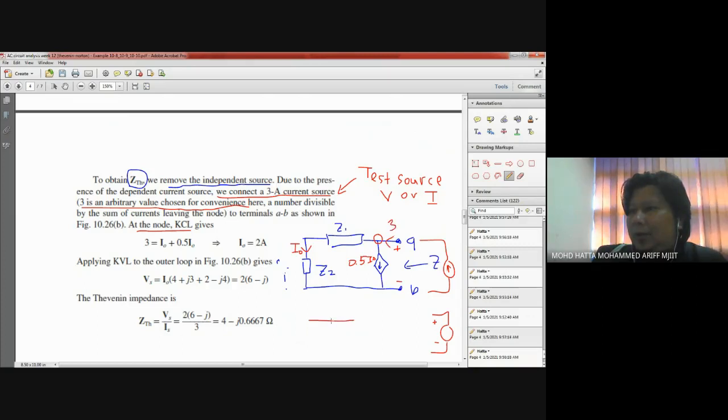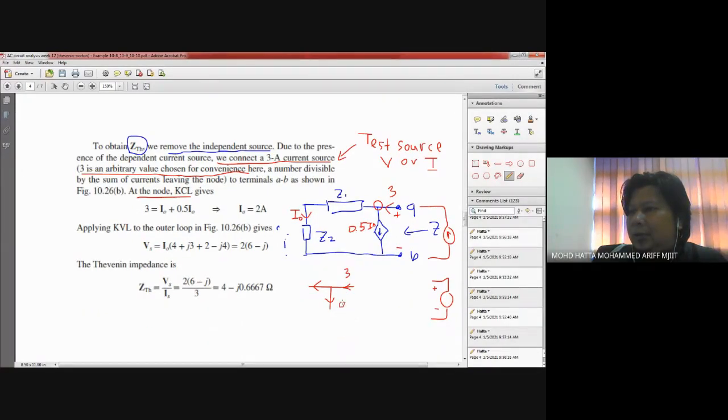If I draw back the current direction, this is 3 ampere, this is 0.5 I naught, this is I naught. Using Kirchhoff's current law, I in equals the sum of I out.